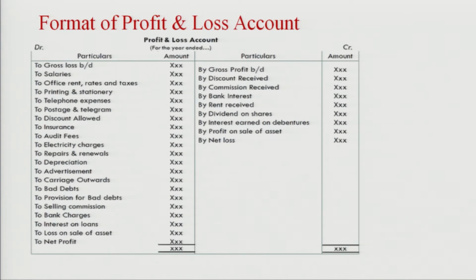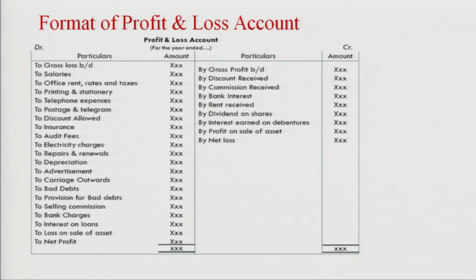That means if the company invests in any other company and that company gives a dividend, then this is a part of the income of our company and it is indirect income, that is why it is here.